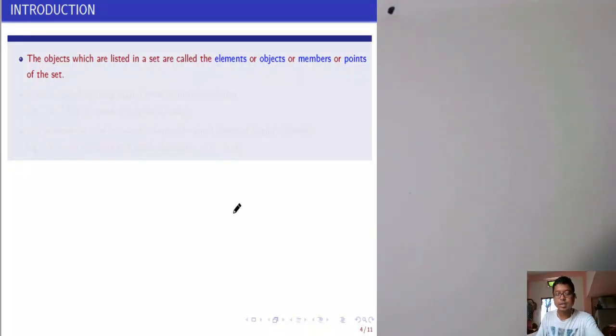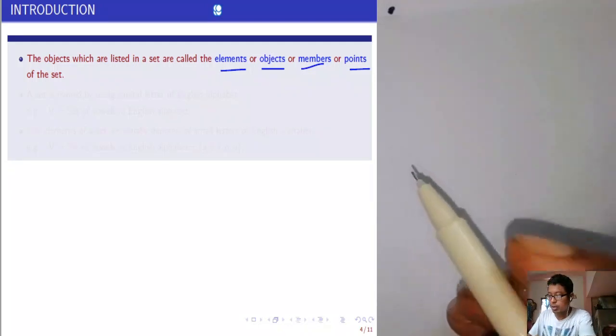Some of the points let me discuss here. The objects which are listed in a set are called either elements or objects or members or points of a set. Let me explain what it means.